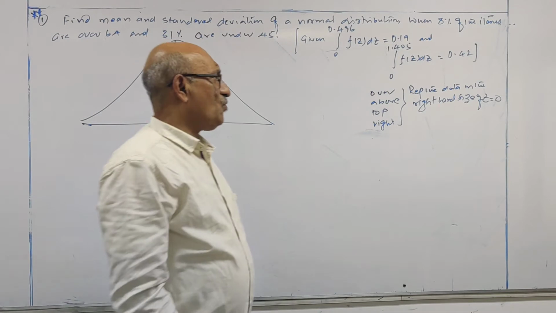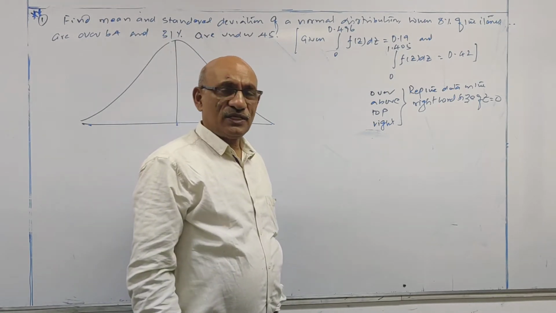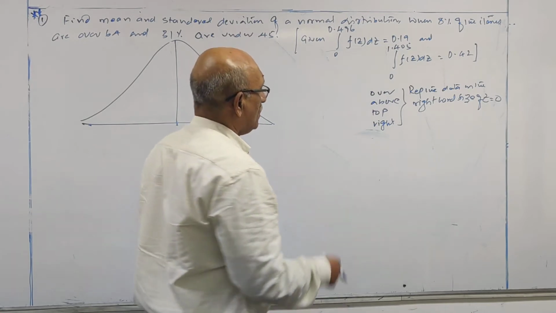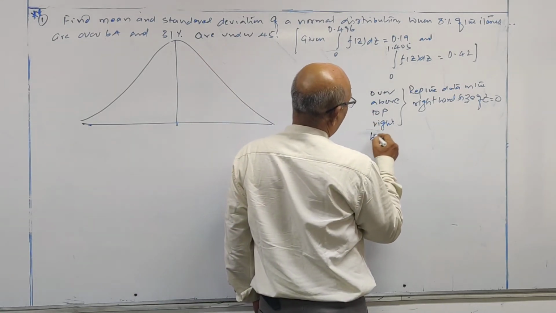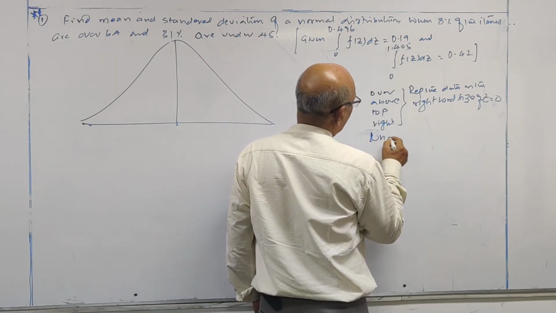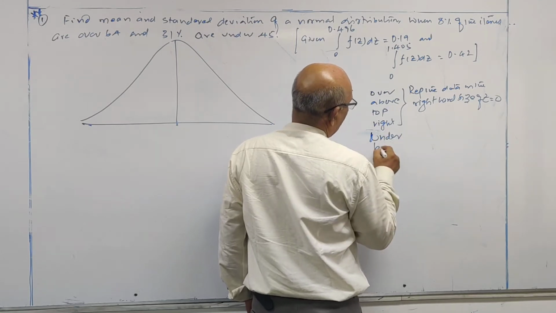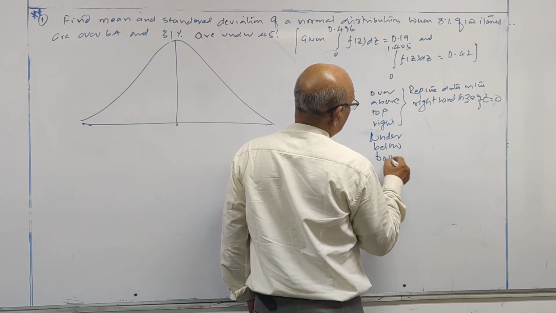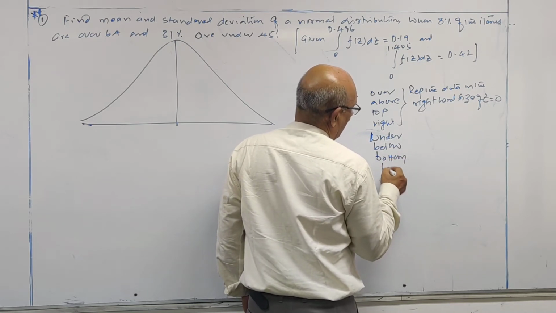Here one more time top is written. Over means under, opposite. Above means below. Top means bottom. Right means left.